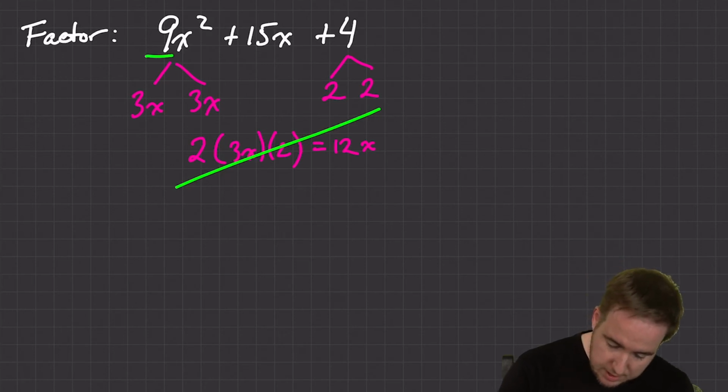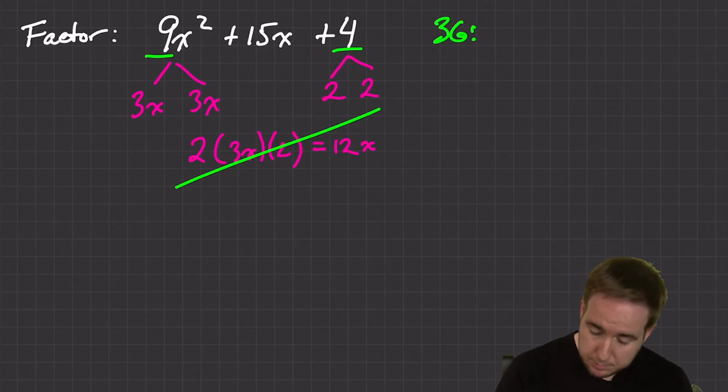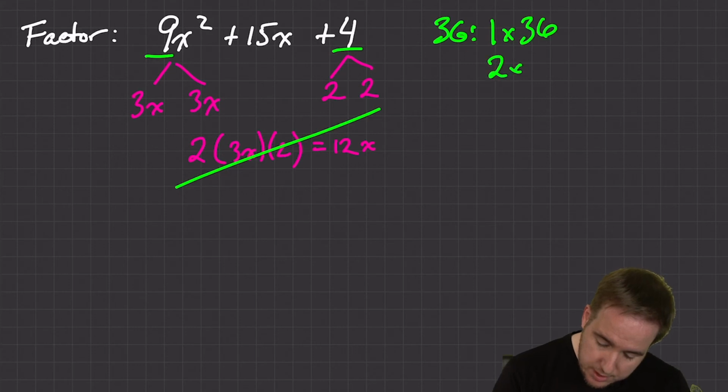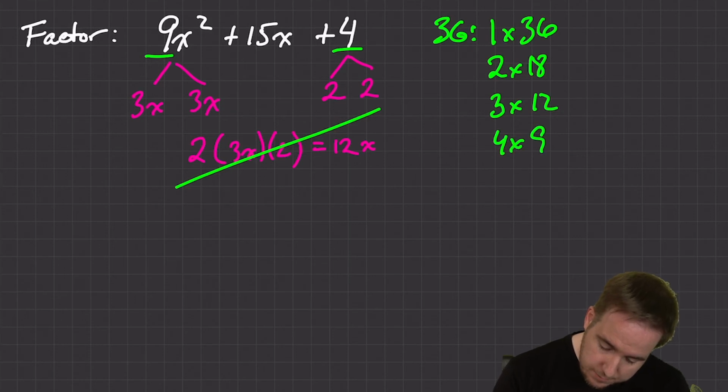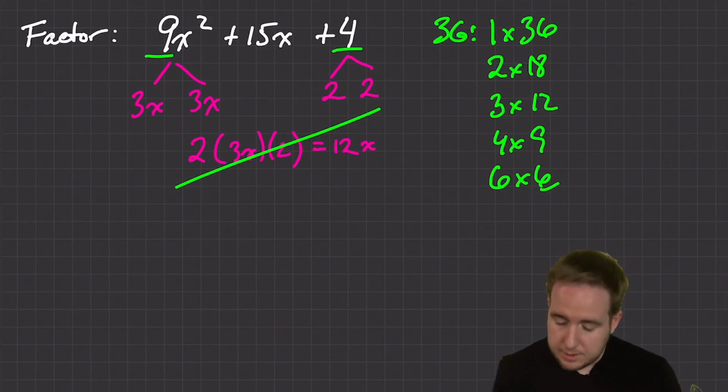Let's see. 9 times 4 is 36. Make the list of ways to make 36 by multiplication. 1 times 36, 2 times 18, 3 times 12, 4 times 9, 5, no, 6 times 6, done. Let's see.